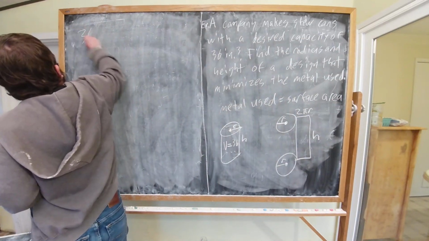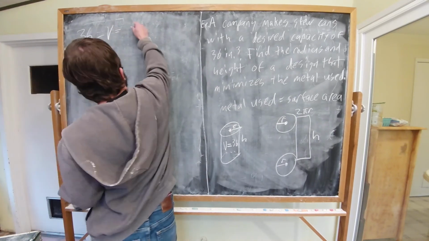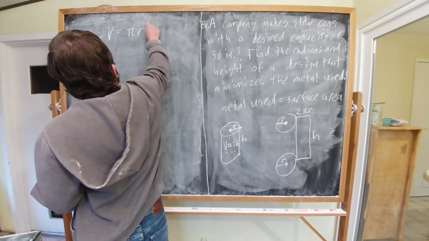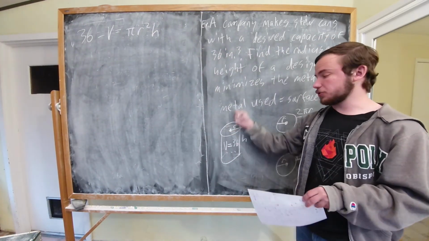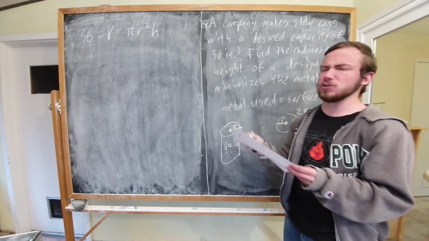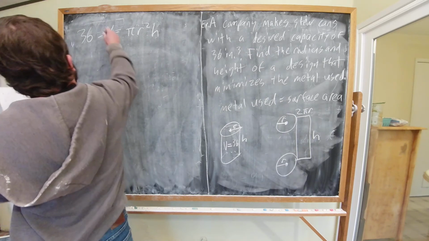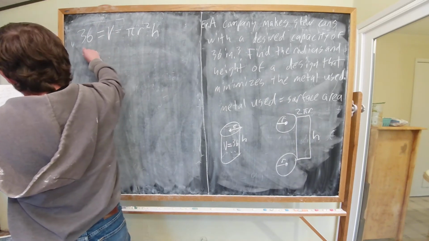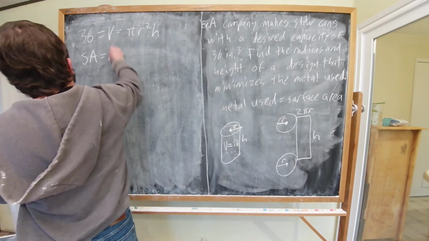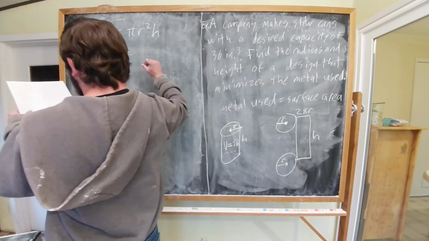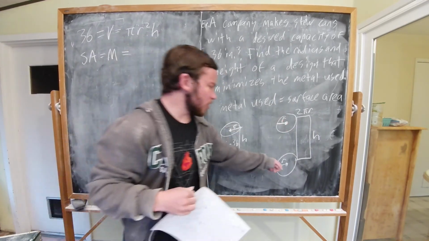So we know that 36 is the volume, which will be pi r squared times h, right? Area of the circle times the height of the circle. That gives you the volume. Okay? And then we also know that the surface area, aka the amount of metal that's getting used, is, well, let's add the area of each of these chunks together.